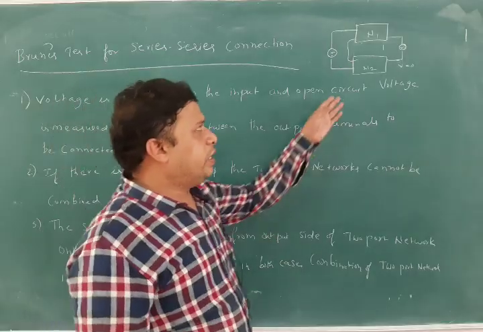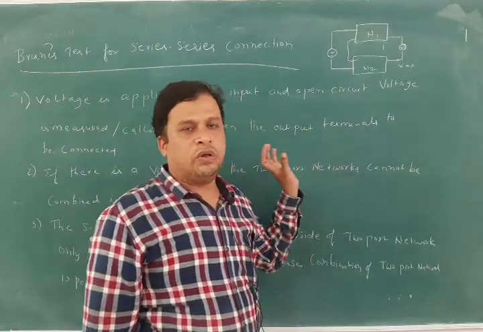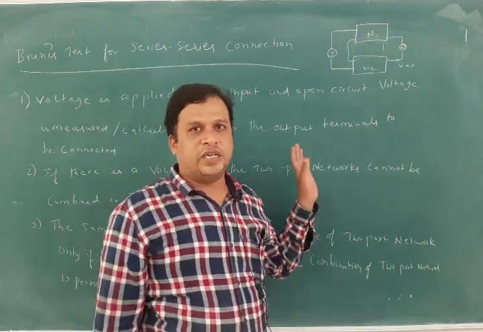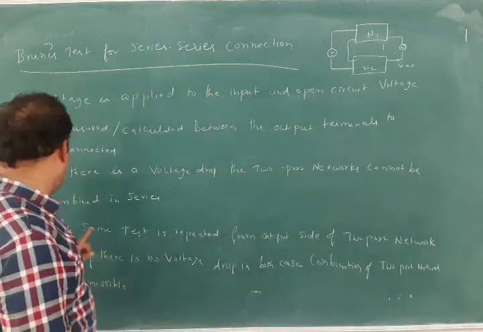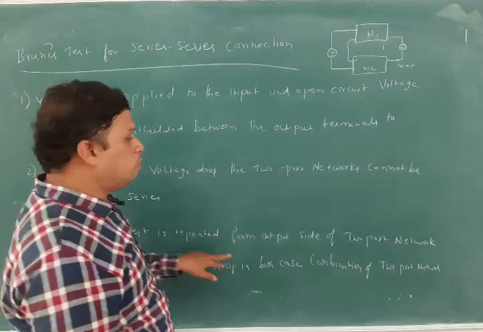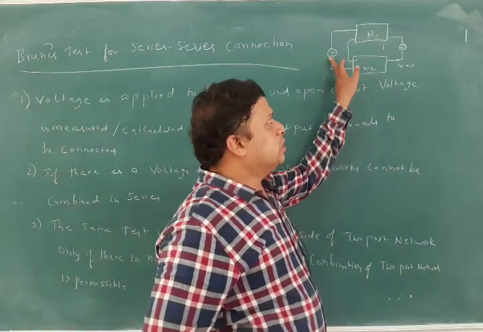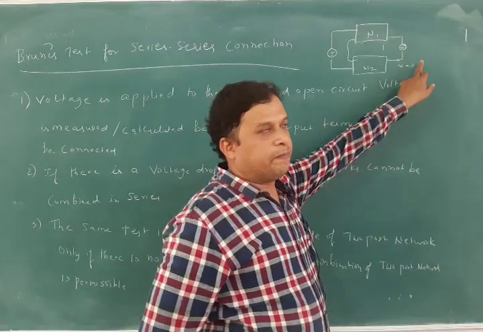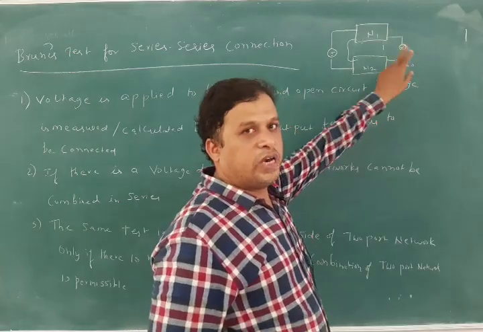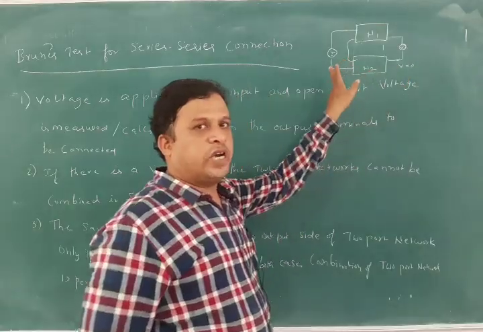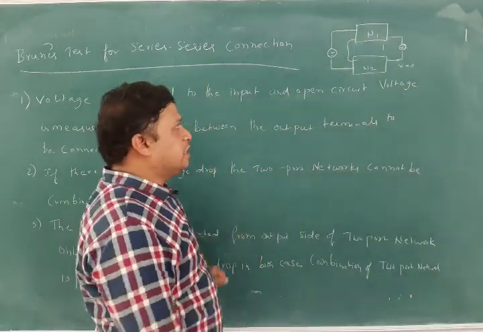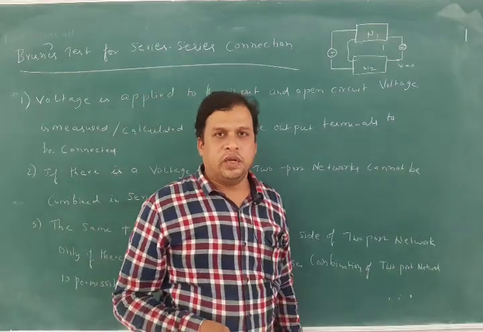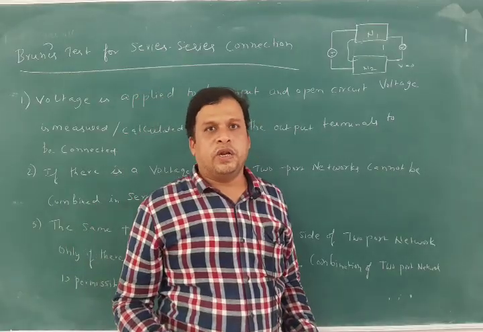We will draw a separate diagram and test this, where we have two networks and satisfy all three rules. Another rule is that the same test is repeated from the output side. Now we connected from the input side and measured the voltage at the output side. Again, we connect the voltage at the output side and measure the voltage from the input side. If there is some voltage drop, then the combination is not possible.